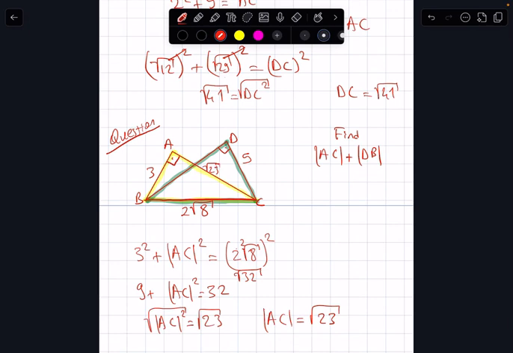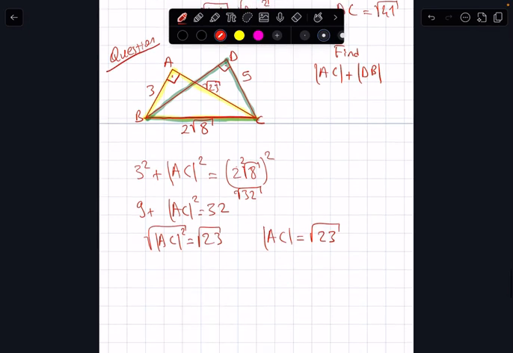We found this one. Now we are going to apply the same thing for the BDC triangle. What do we have? 5, right? 5 squared plus BD squared is equal to 4 times 8, 32.